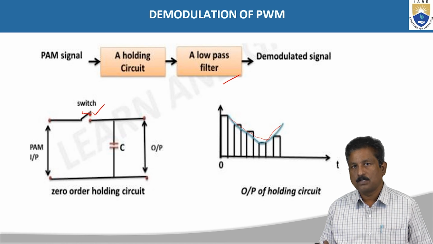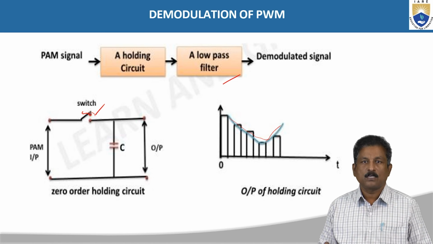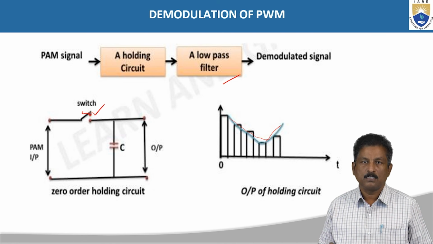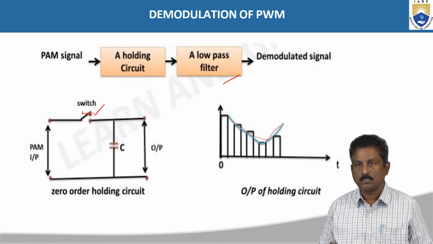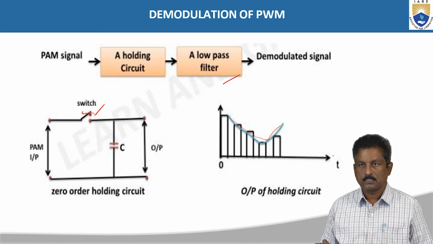After getting the holding circuit output, it is passed through the low pass filter, which rejects the unwanted high frequency components and allows only the wanted signals. So the final output is our original modulating signal.